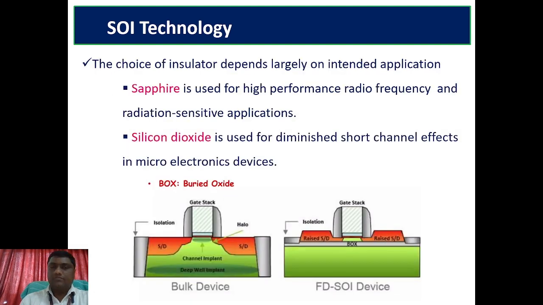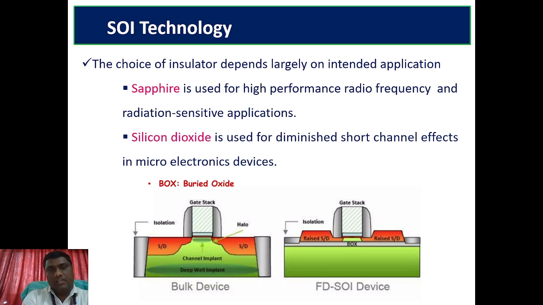The choice of insulators depends upon the intended application. For example, you can take sapphire, which is used for high-performance radio frequency applications and also radiation-sensitive applications, where the radiation tolerance can be slightly improved.